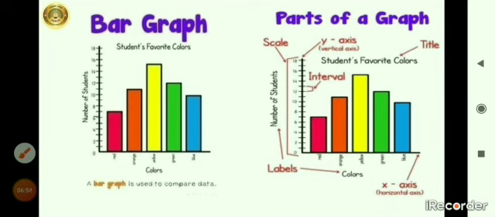Like here, students' favorite colors. This is the title of this graph.